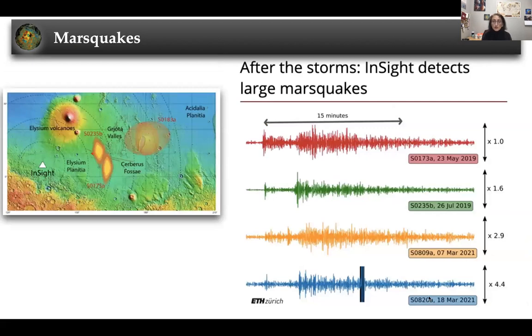And here you see a comparison of the seismic waveforms, Martian waveforms from the InSight mission. These are the published ones, that's why I can show them. All these events happened about 30 degrees away from the InSight lander in the Cerberus Fossae. And if you look at the data from four Marsquakes, they are all from this region.